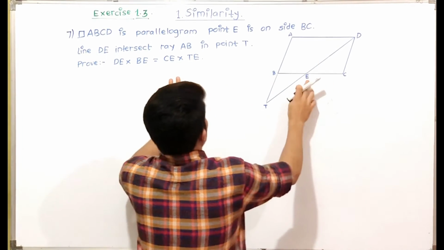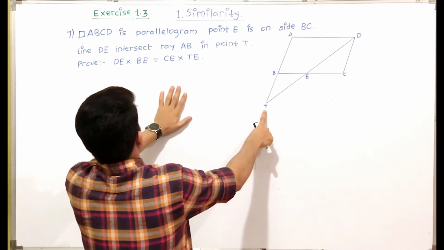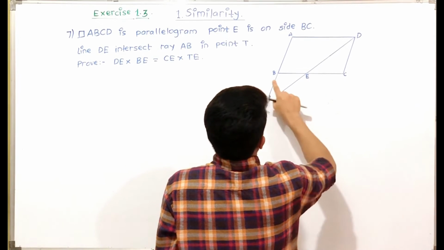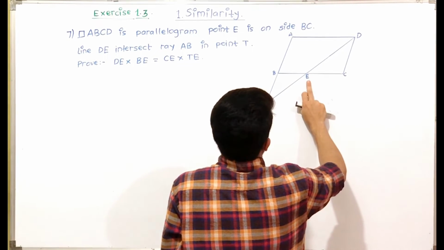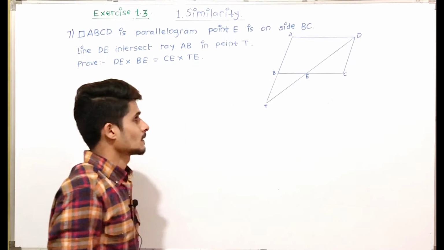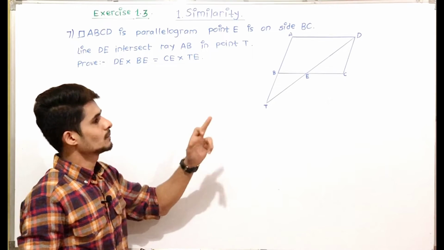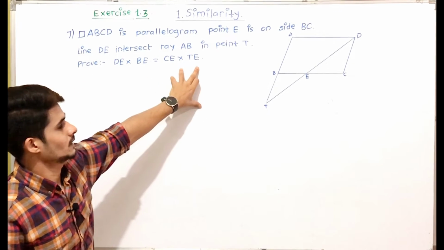DE intersects AB in point T. Prove that DE into BE is equal to CE into TE. So we have to prove DE into BE is equal to CE into TE.